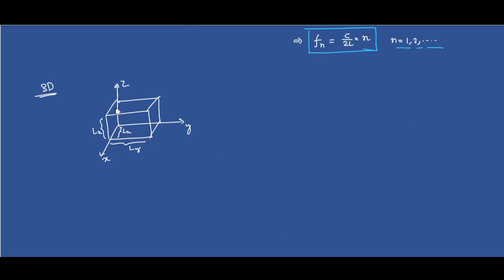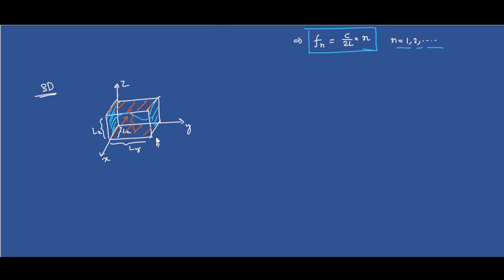Then you can have three kinds of modes here, because you can have a wave along this direction, a wave in this direction, and a wave in this direction as well, from screen to inside the screen. So how are we going to do this, and what will be the relation among them?